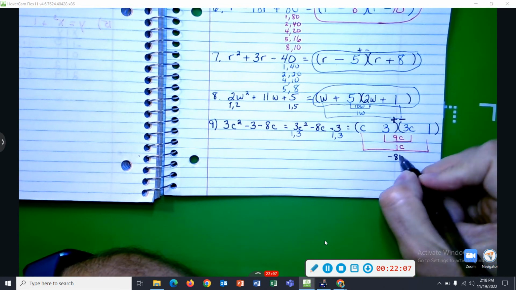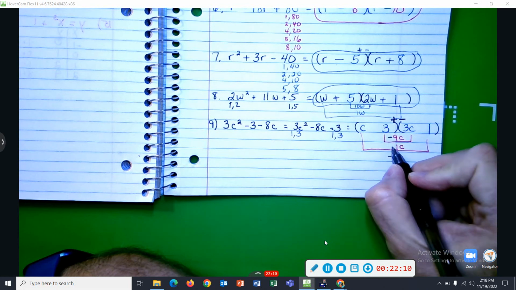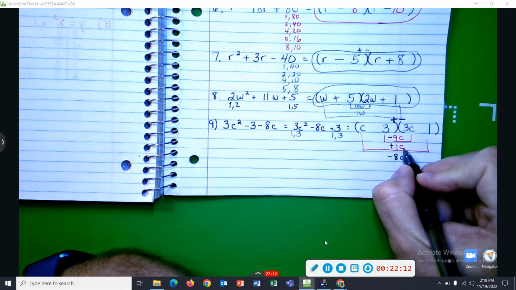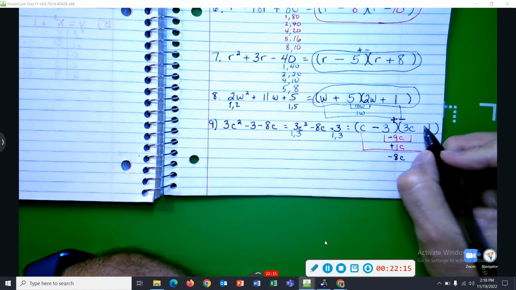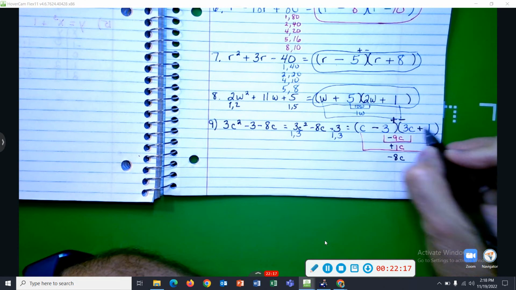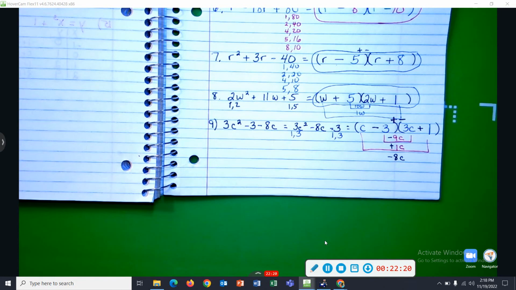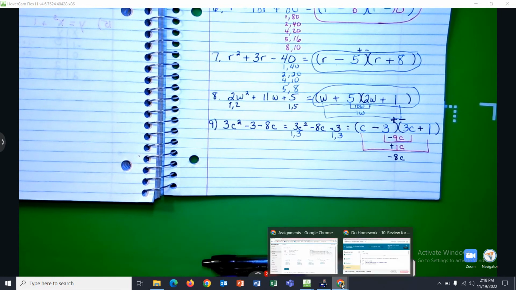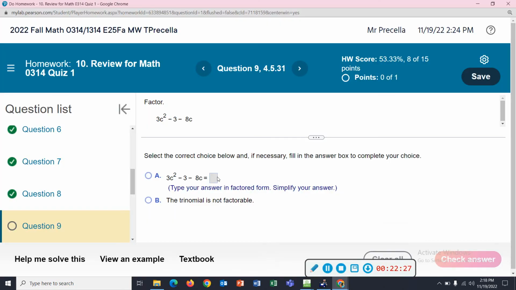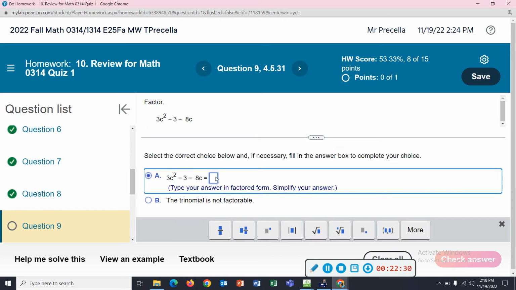Well, going backwards, the 9 would need to be negative and the 1 positive. So that would put a negative here in front of the 3 and a plus in front of the 1. And you can FOIL that out to check it. So parentheses, c minus 3, close parentheses, open parentheses, 3c plus 1, close parentheses.